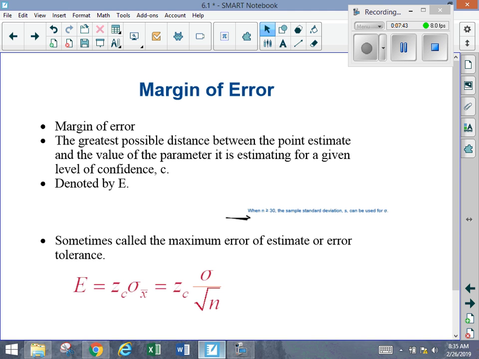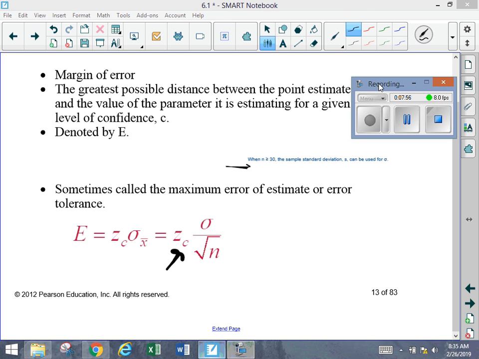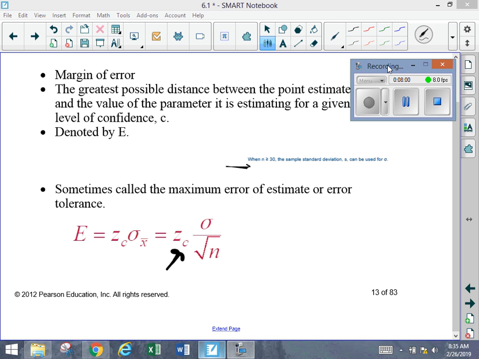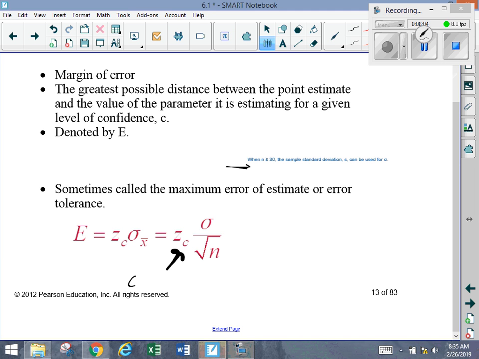And so this thing right here is called your critical value. Critical value.